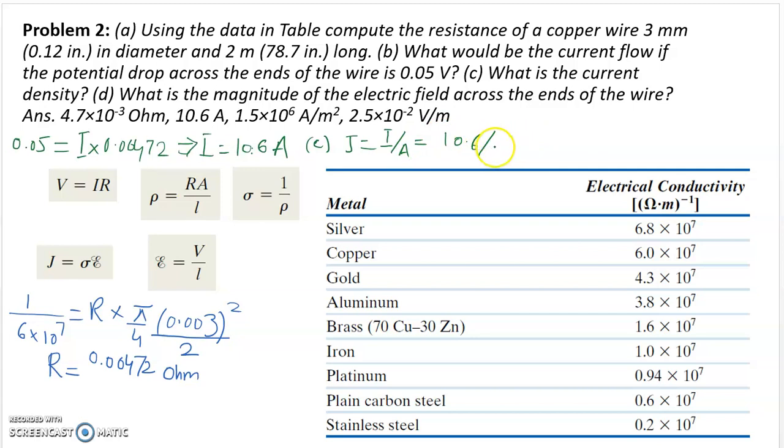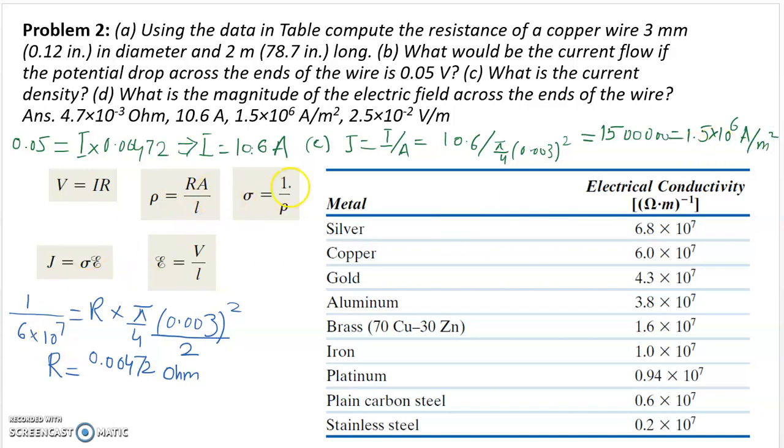Area is pi by 4 and 0.003 squared. If I calculate it, I will get the answer. This will give me the value 1.5 into 10 to the power 6 amperes per square meter.